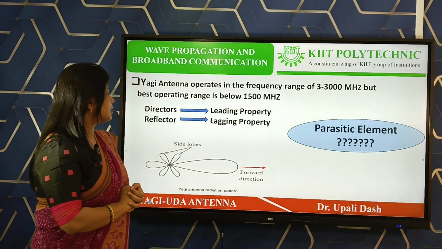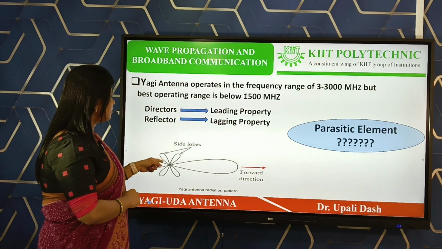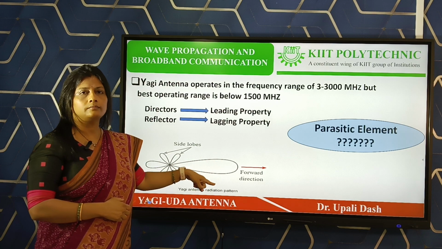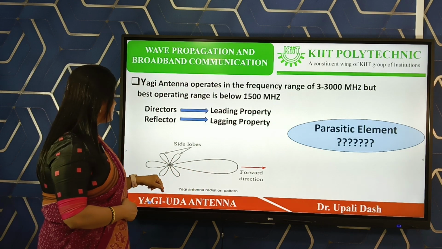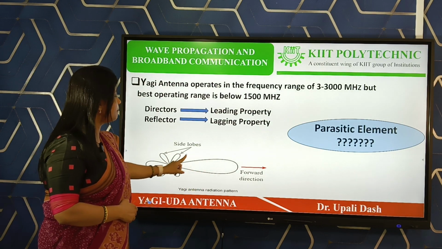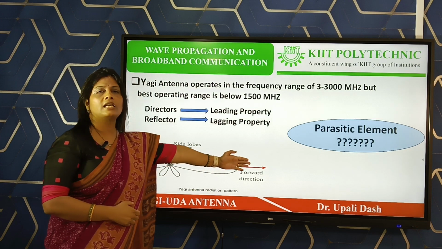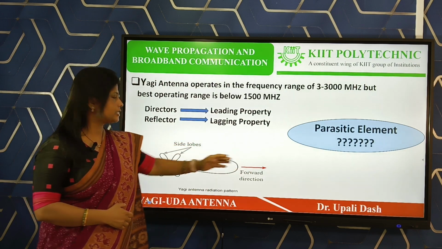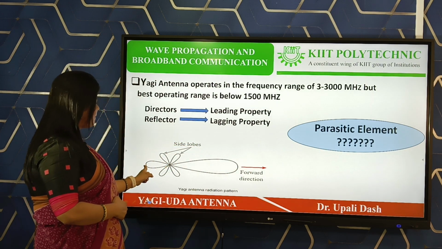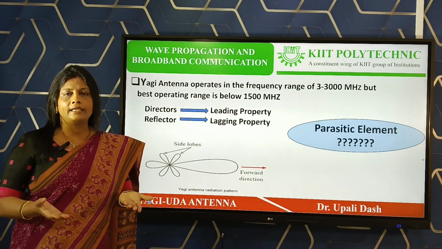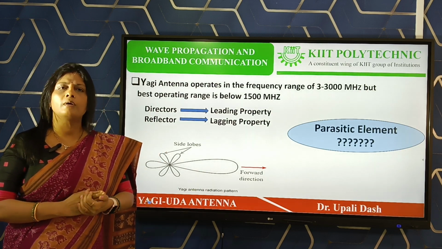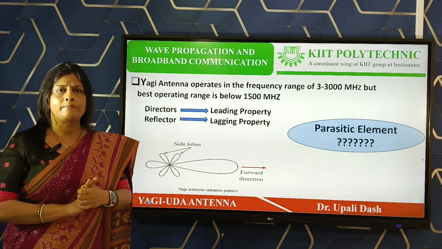So you can see the radiation pattern of the Yagi-Uda antenna looks like this, like a flower petal. This is the main lobe, the direction in which the antenna radiates. And these are the side lobes, and this is the back lobe. Though we don't intend to have those side lobes and back lobe, generally this happens.